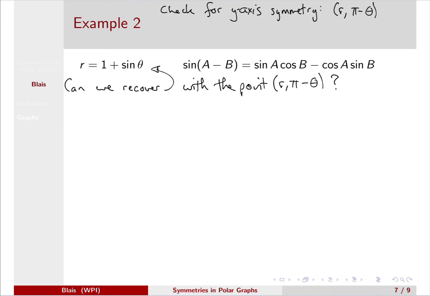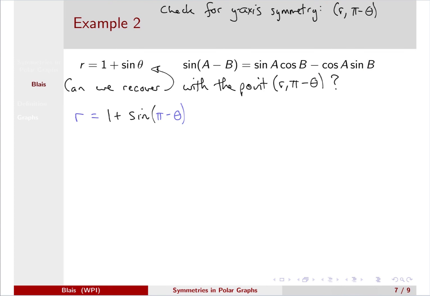So we plug in, we replace r with r since it's the same, and then we replace theta with pi minus theta, and the question becomes, can we recover this original equation? And we're going to look at this by using our trigonometric identity for sine of a minus b, being equal to sine of a times cosine of b minus cosine of a times sine of b.